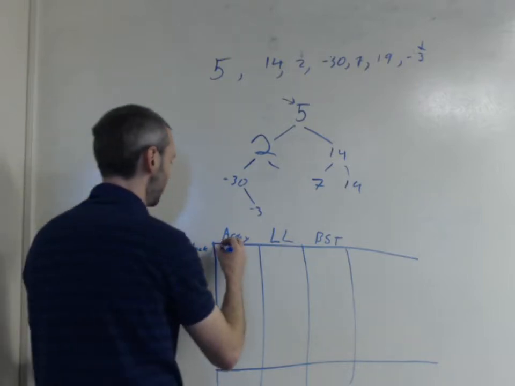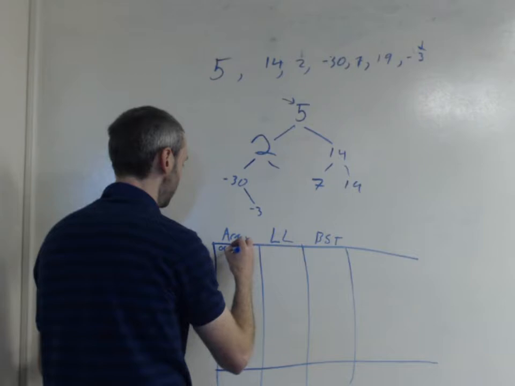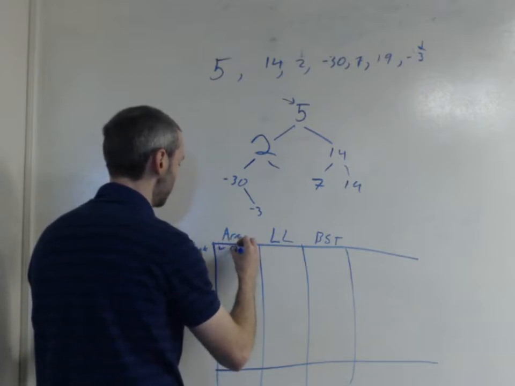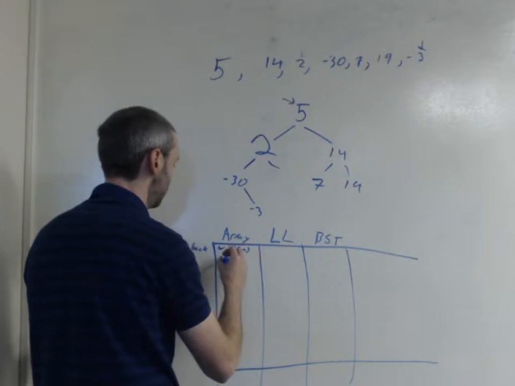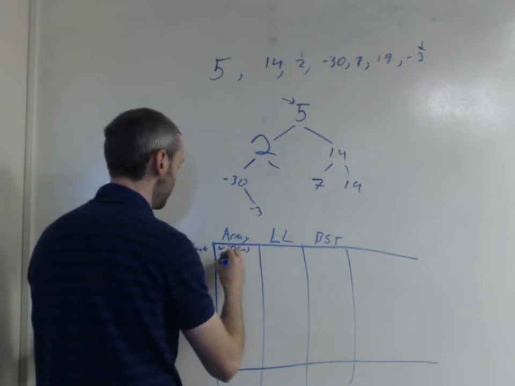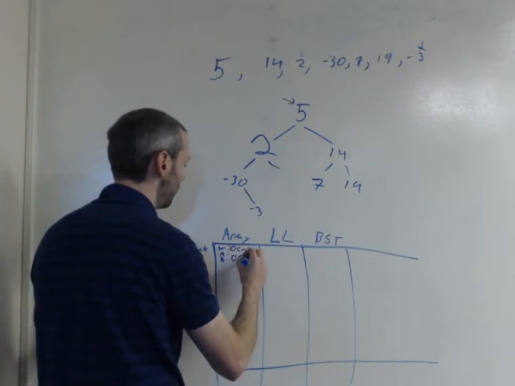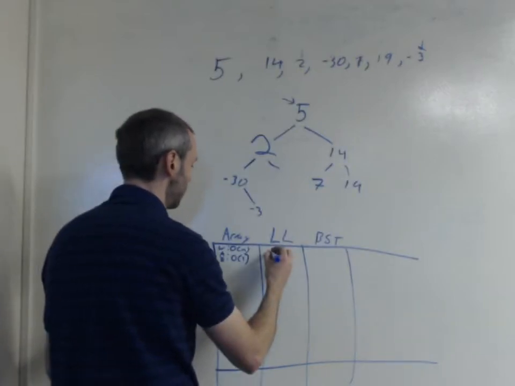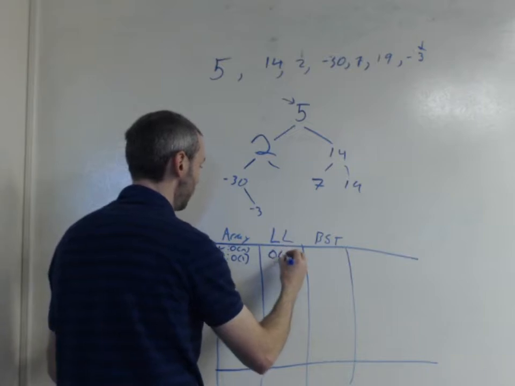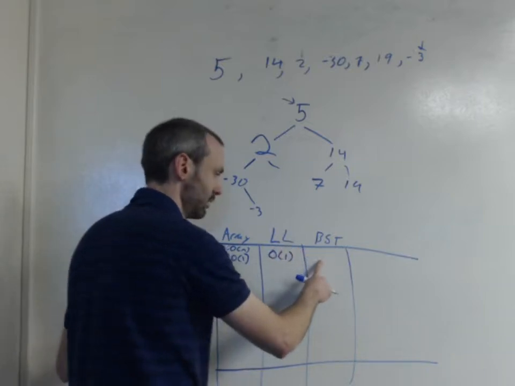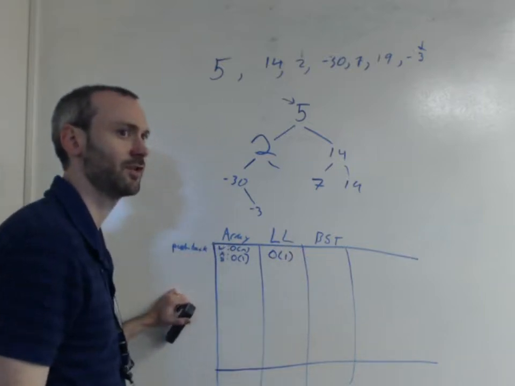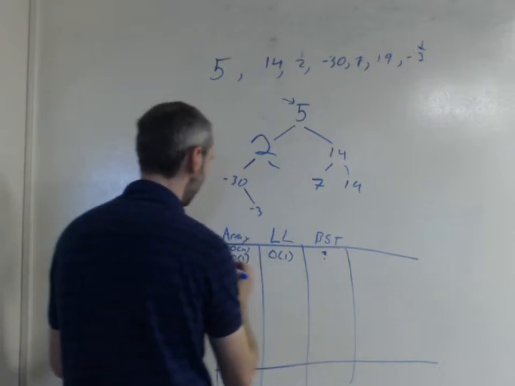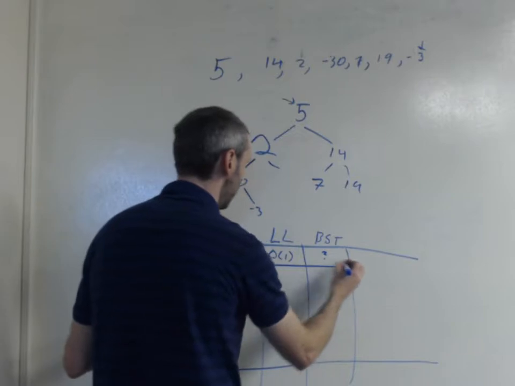Worst case is O of n, but average and best are both O of 1. Excellent. How about linked list? O of 1. Does it make much sense to do this on a binary search tree? No. Not really. So I'm going to put a question mark.